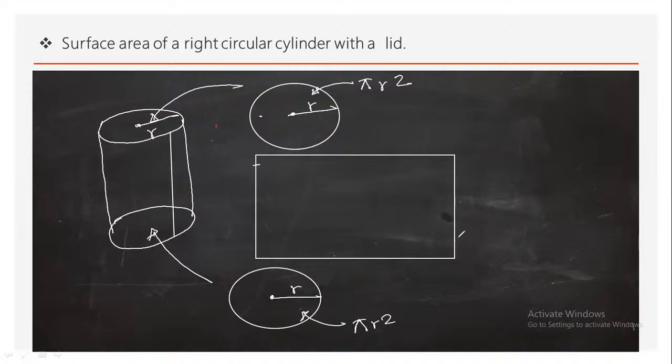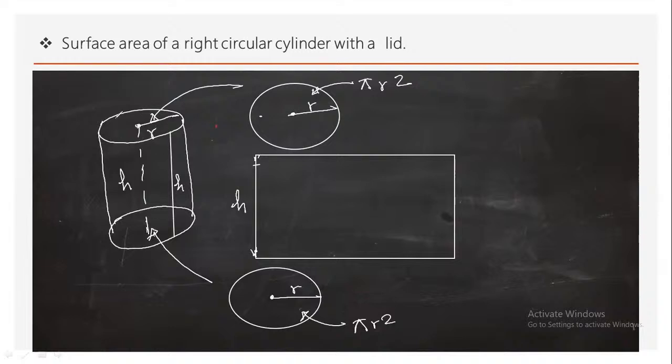Then what about the area of this curved surface? This is the height, from here to here, and it equals the height of the generator. When I cut and open, the breadth of the rectangular part equals the height of the cylinder.